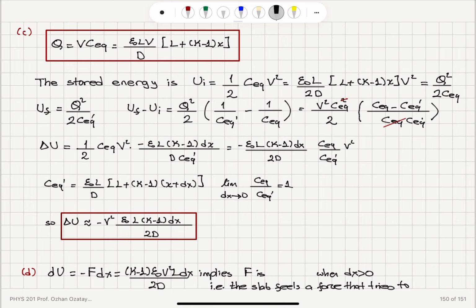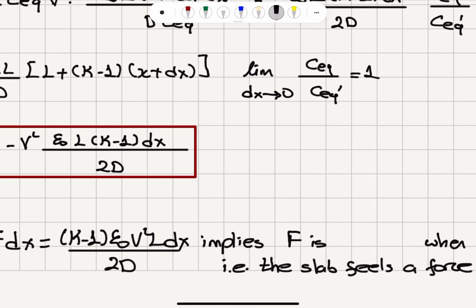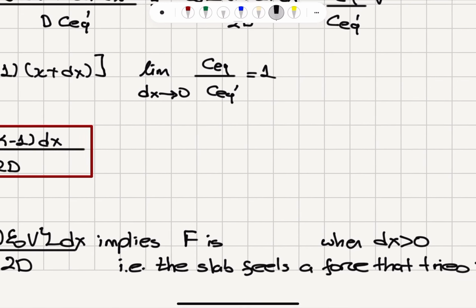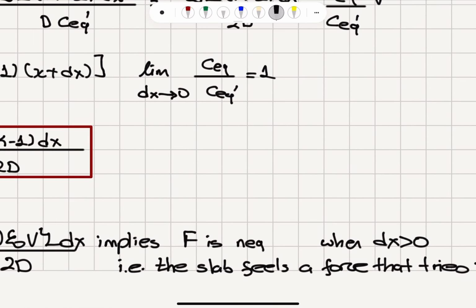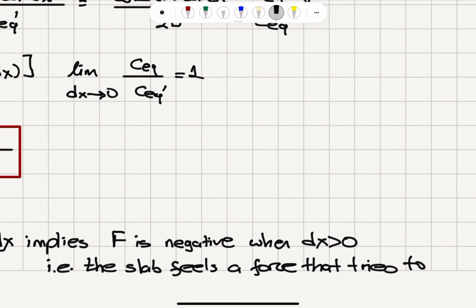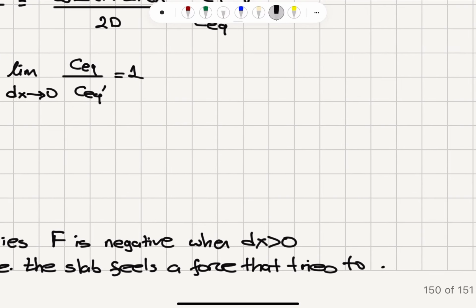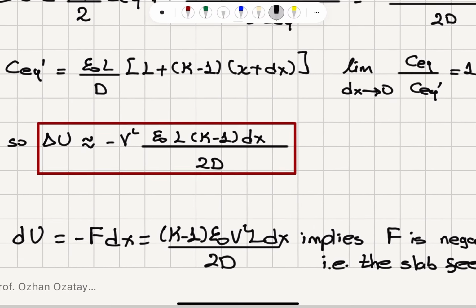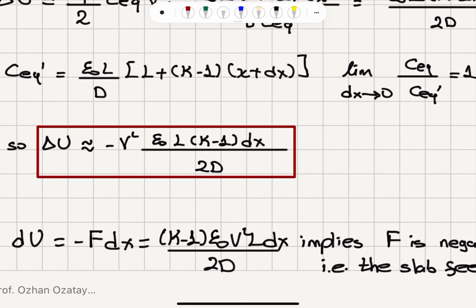This implies F is negative when dx is positive. That is to say, the slab feels a force that tries to push it out, right? Because this is minus F dx equals dU.